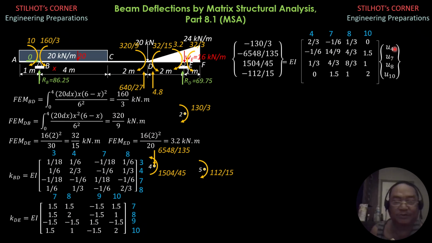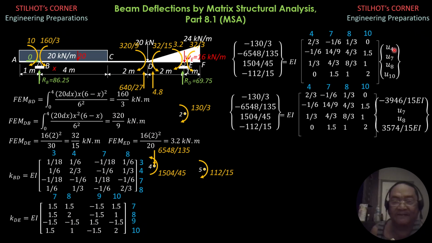We have these values, so we can compute U7, U8. So let's simplify further by applying these values U4 and U10 from the preceding calculations. These are U4 and U10. So we revise this force matrix now into negative 6548 over 135 minus negative 16 times negative 3946 over 15, then minus 1.5 times 3574 over 15.